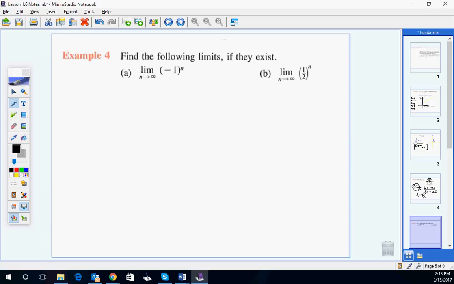So if you're lost, -1 to the 1 is -1. -1 squared is 1. -1 cubed is -1. It just keeps doing this over and over, bouncing from 1 to -1. So it's not approaching anything, so the limit does not exist. That's a DNE.